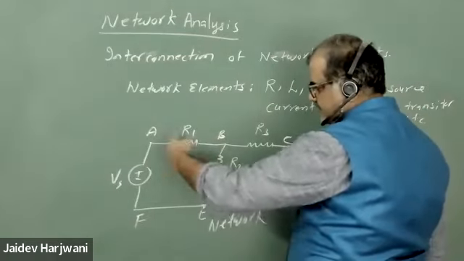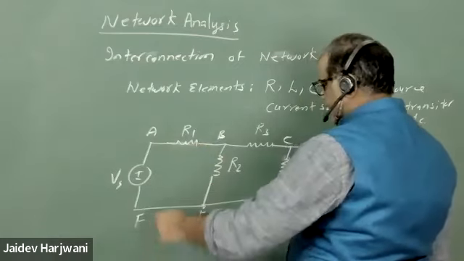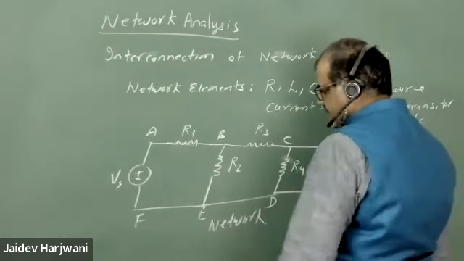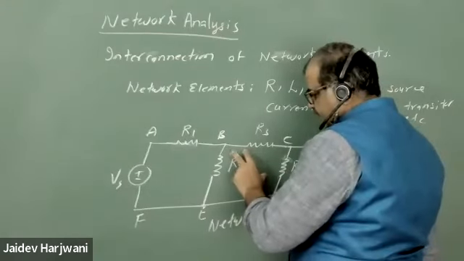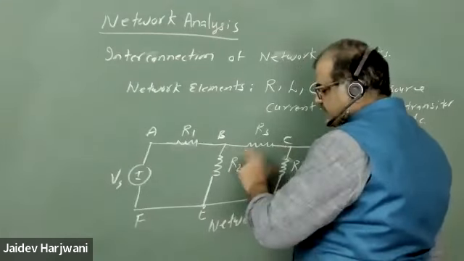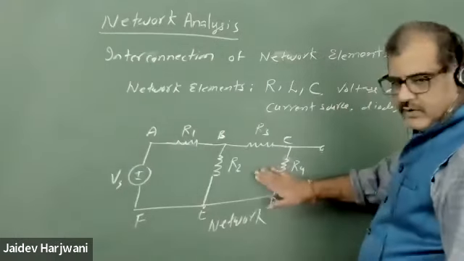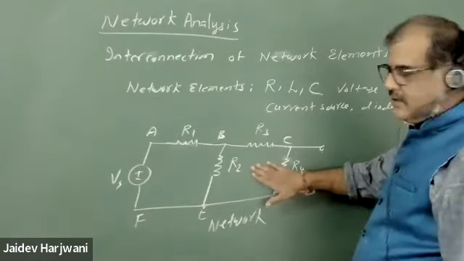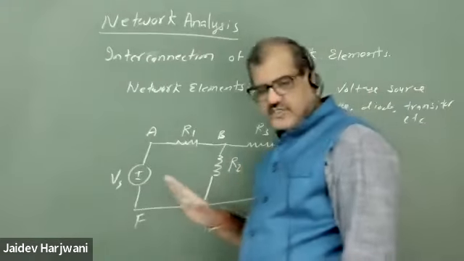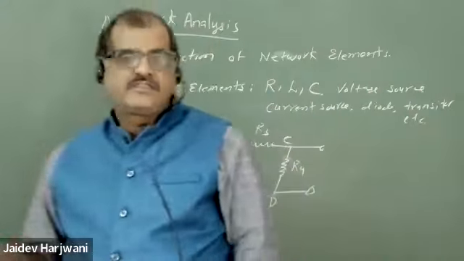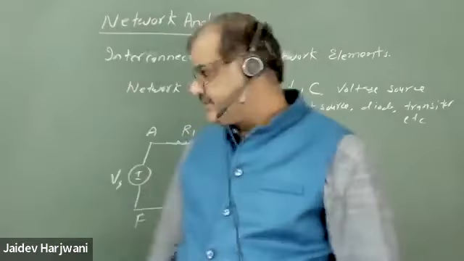I have two closed paths: A, B, E, F, and B, C, D, E. Both are closed paths, but this closed path does not contain any energy source, so I cannot call it a circuit. This is a simple loop. So there is a difference in the definition of loop, circuit, and network.